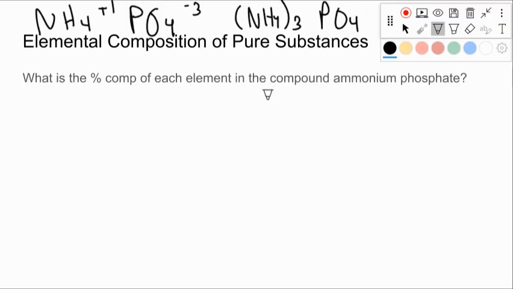So then it asks for me to find the percent composition of each element within the compound. So when you do this, you're going to separate out all those elements. So I have 4 elements in this compound.